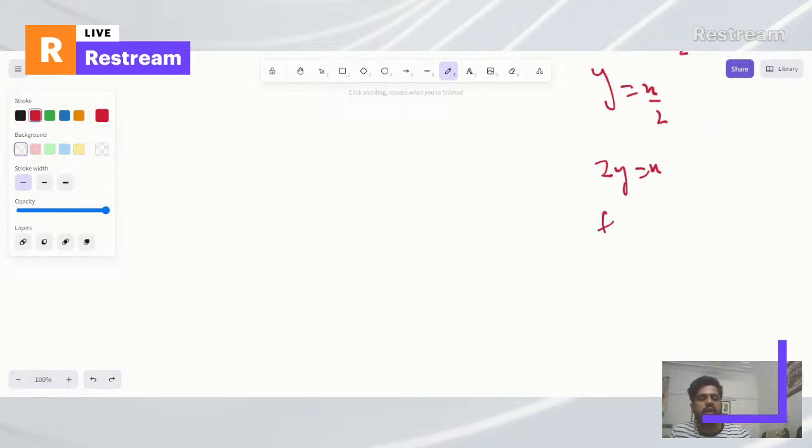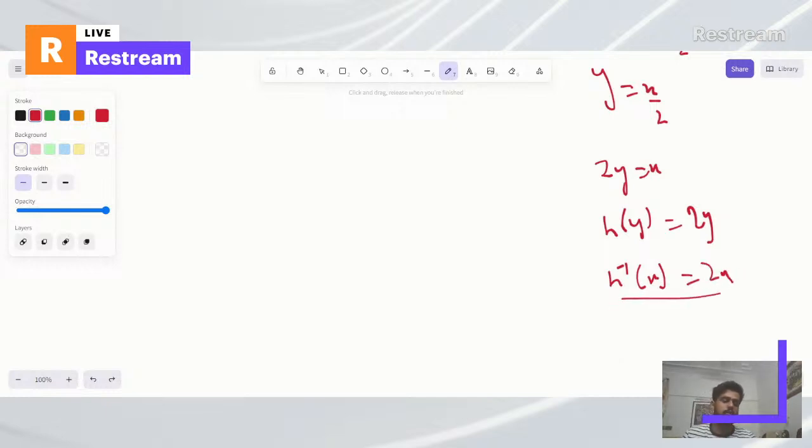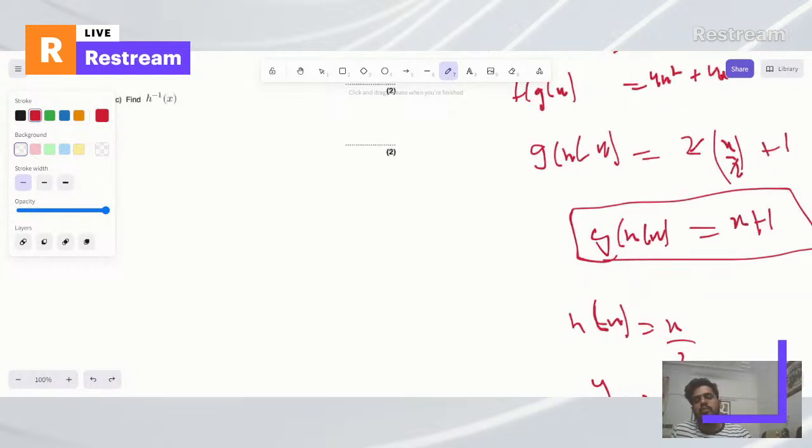And then instead of x, I'm going to write h(y) equals 2y. Now instead of h(y), I can write it as h inverse of x, and instead of y here, I'm going to write 2x. So that is the answer to our third problem.